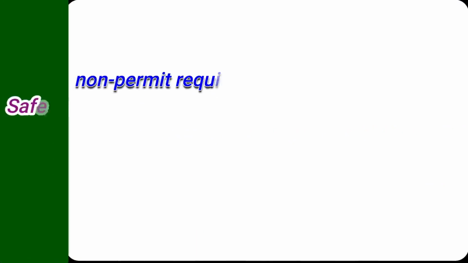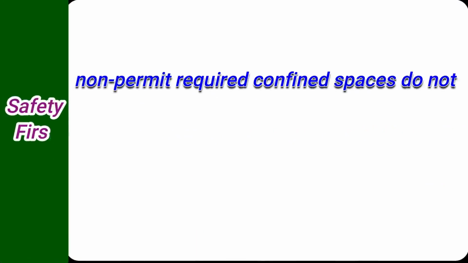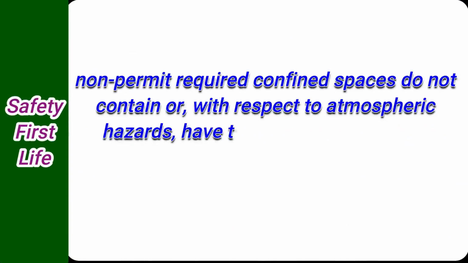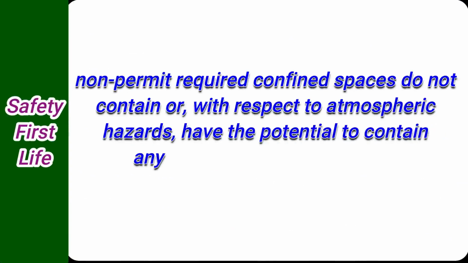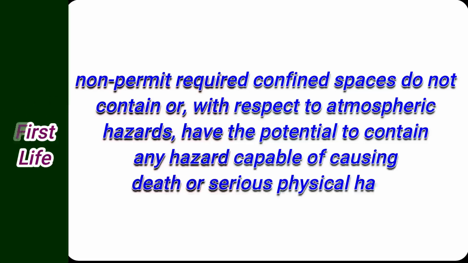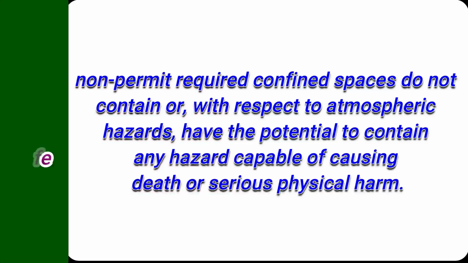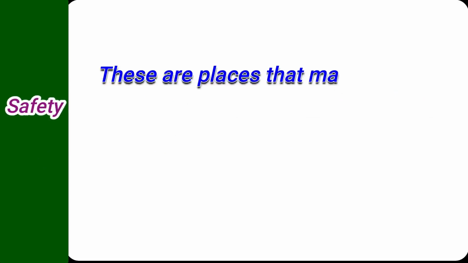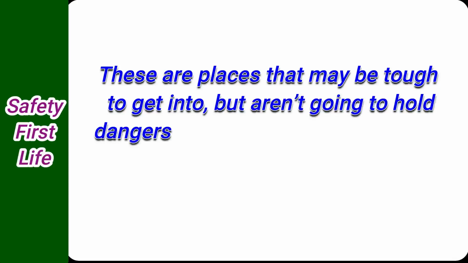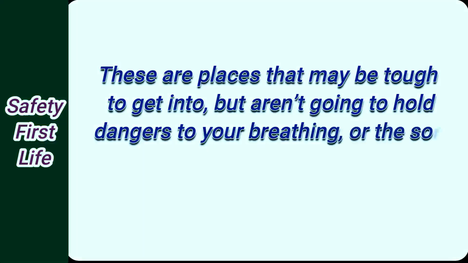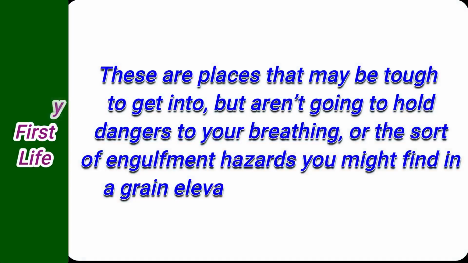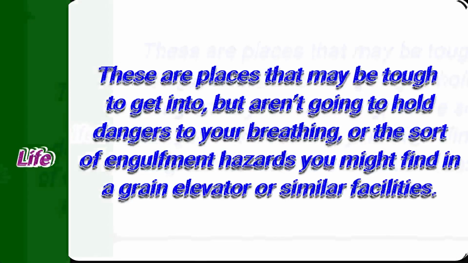Dear friends and colleagues, non-permit required spaces don't contain, or with respect to atmospheric hazards have the potential to contain, any hazard capable of causing death or serious physical harm. These are places that may be tough to get into but are not going to hold dangers to your breathing or the sort of engulfment hazards you might find in a grain elevator or similar facilities.